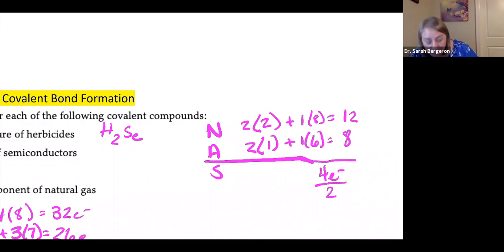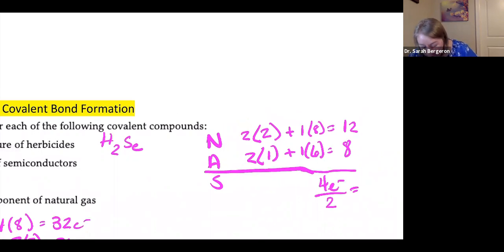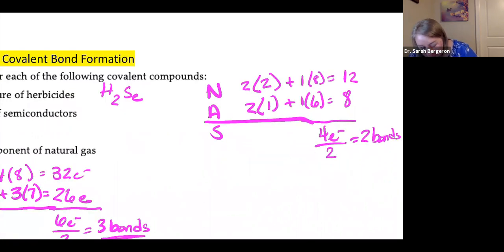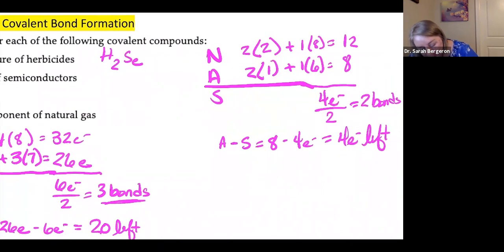Divided by 2, because that'll tell us how many bonds we need. So we need 2 bonds, right? Now we're going to look at what was available minus what we shared. We had 8. We shared 4. That's going to give us 4 electrons left. So for H2Se, I'm going to put Se, and I'm going to put my H's.